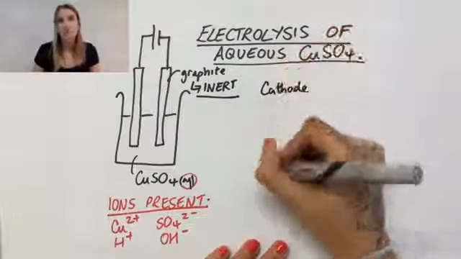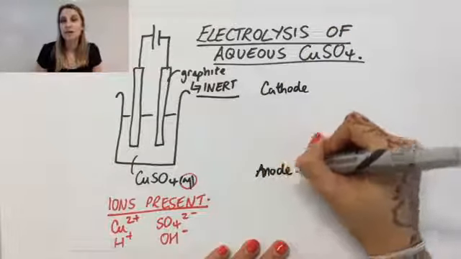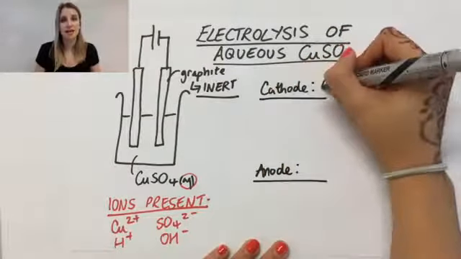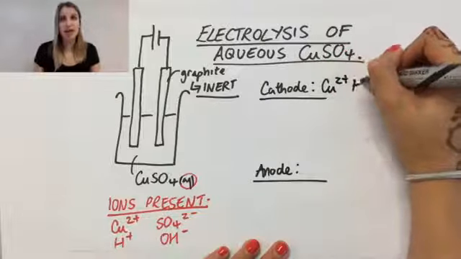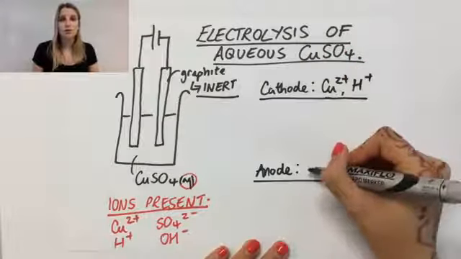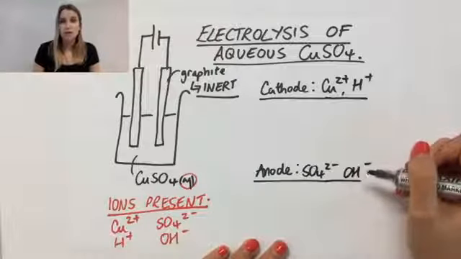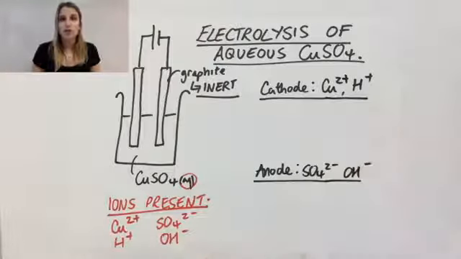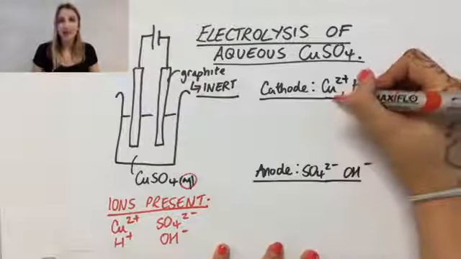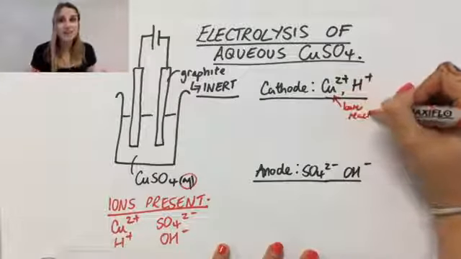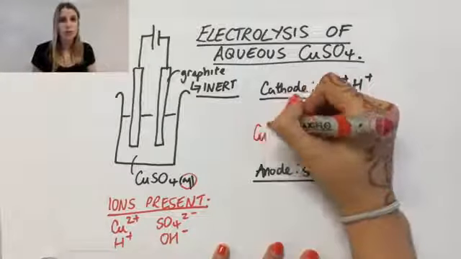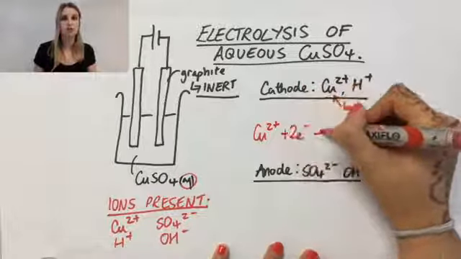At the cathode here, I've got two possibilities because both the Cu2+ and the H+ will be attracted there, and at the anode, the SO4 2- and the OH- will be attracted there. So at the cathode, between these two, the copper is lower reactivity than the hydrogen. So that means that the copper will end up being discharged, will end up being reduced.